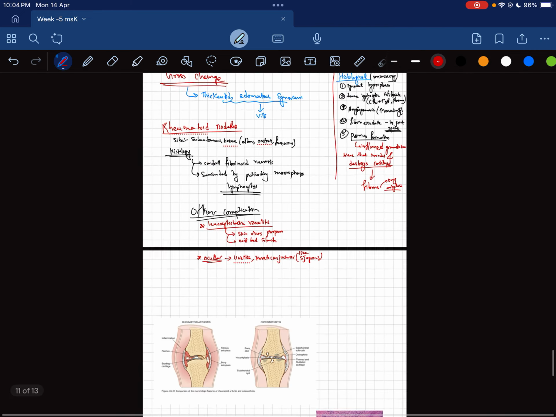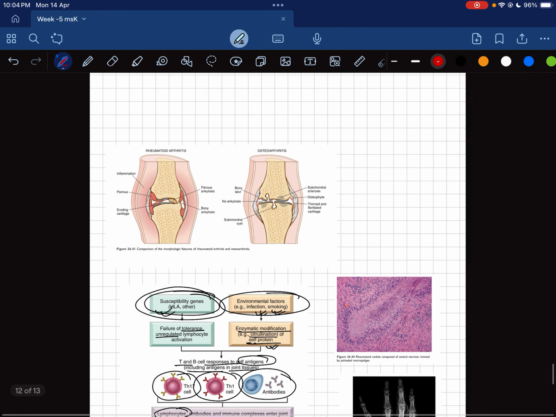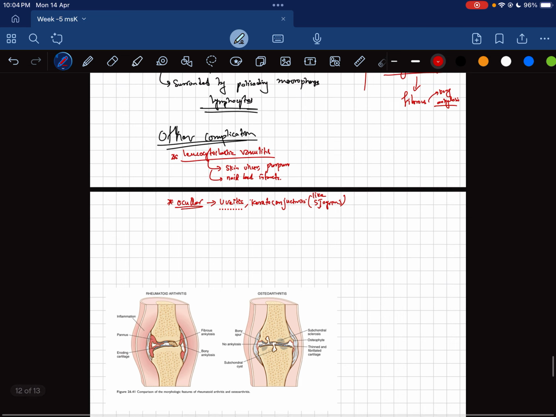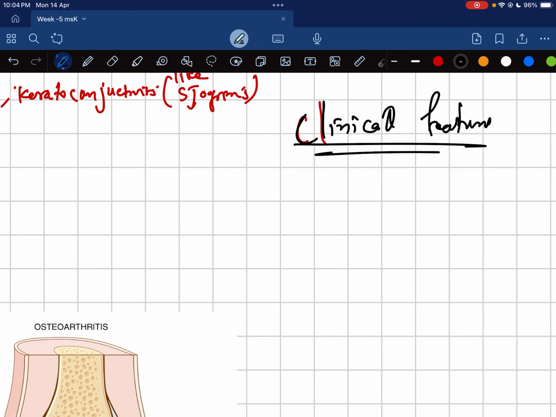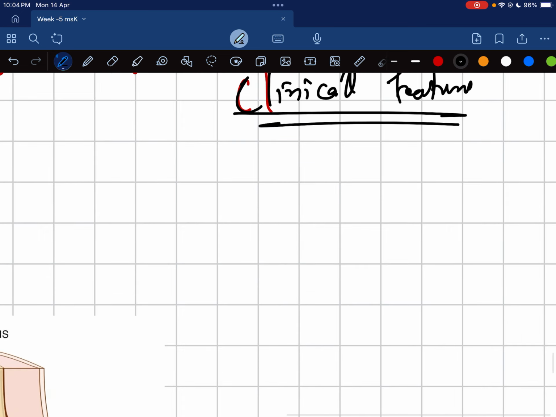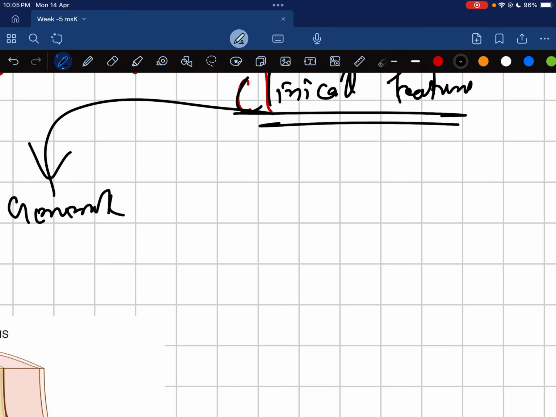Now we are moving on to clinical features. They are divided into general symptoms and joint involvement.